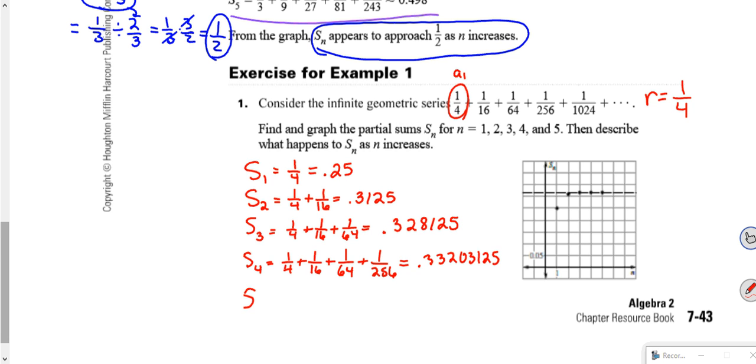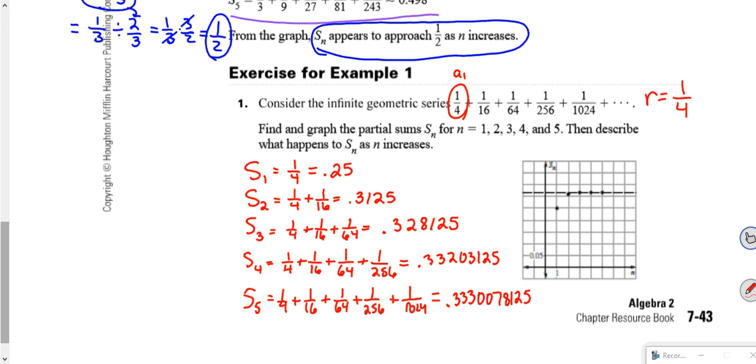And then the first five terms: 1/4 plus 1/16 plus 1/64 plus 1/256 plus 1/1024 equals 0.333078125. Woo. Now, a couple of things I want to point out here on our graph.